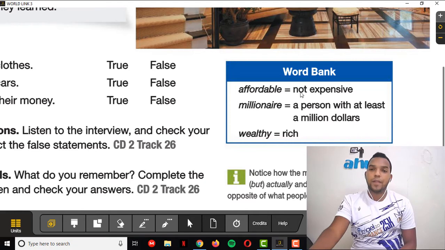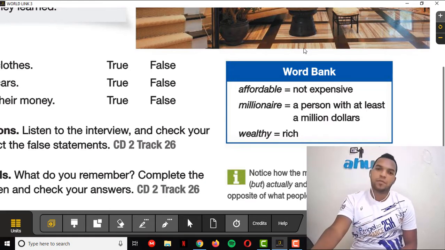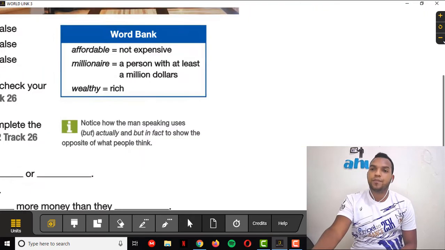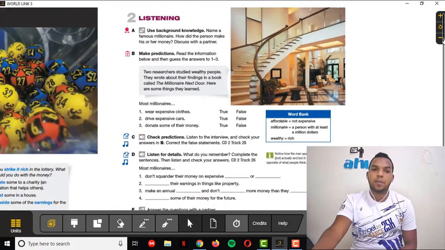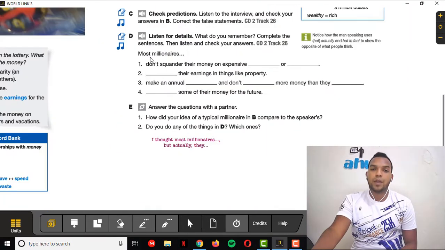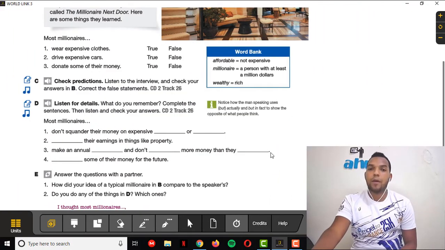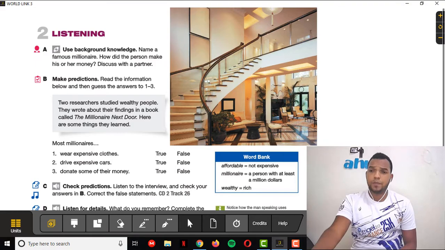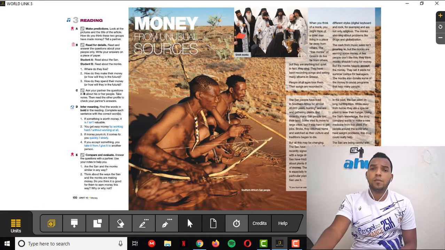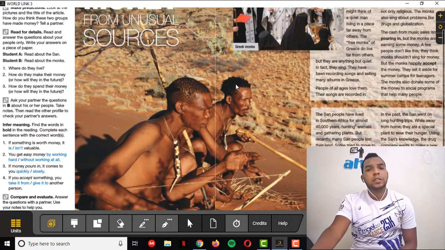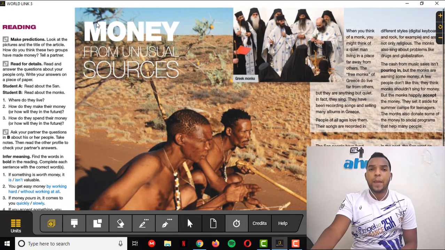Affordable is something that is not expensive. Millionaire is a person with at least $1 million or pesos. And wealthy is rich, because it's a synonym. Remember guys to do the listening, the audios, as always. And here we have a reading.